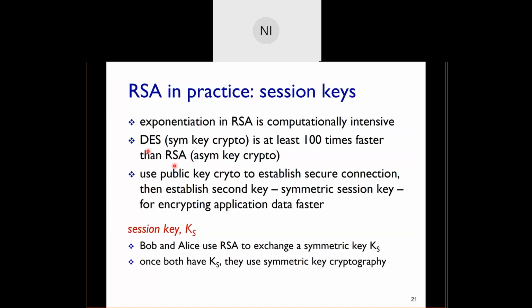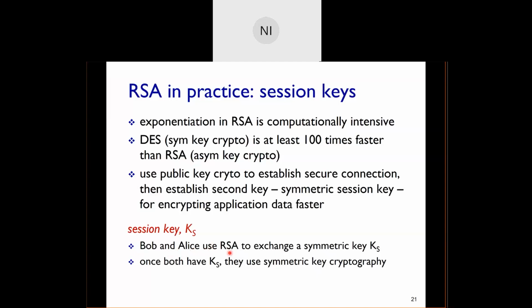But having said that, DES is already broken, and in no time one can break messages encrypted using DES. So one should be using only AES with either RSA or elliptic curve cryptography, which is based on finite field theory and other things.